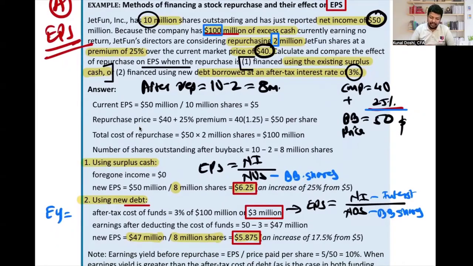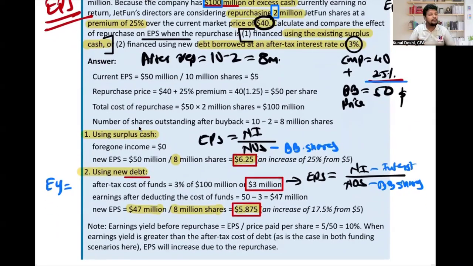So earnings per share initially was 50 over 10, that is 5 earnings per share, and the market price was 40. So if you do 5 divided by 40, you get your earnings yield of 12.5%, isn't it?